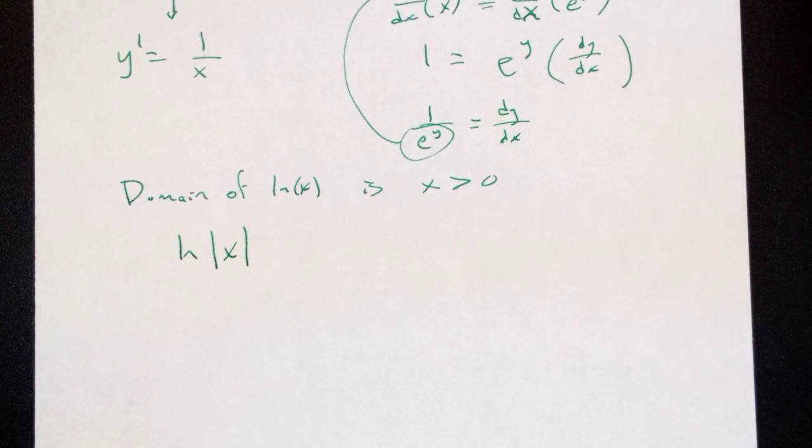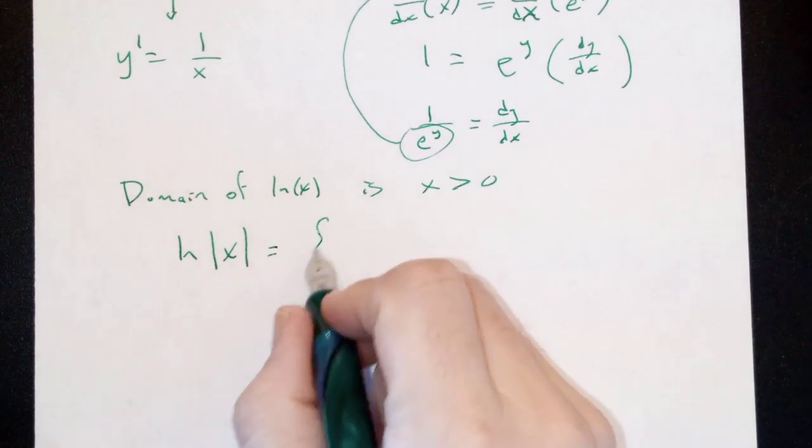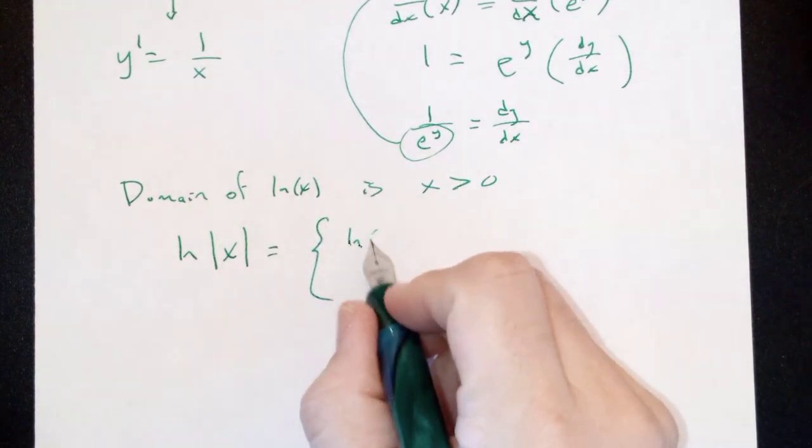I still wouldn't be allowed to plug in 0, but I'd be allowed to plug in negative numbers. The absolute value of x, when x is positive, is just x. But when x is negative, we get the opposite of x, right? You put in -5, you get its opposite. That's minus the negative number. This is really two functions in one.